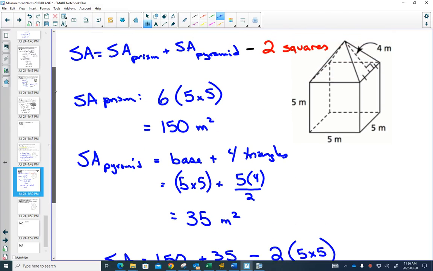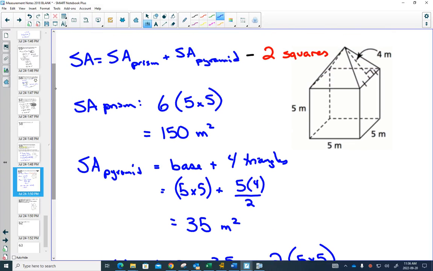Now, I wrote it out as surface area plus surface area minus 2 squares. It is not wrong if your brain says, oh, I'm just going to subtract the squares right away. So when I do the prism, I'm not doing all 6 sides. I'm only doing 5 sides.